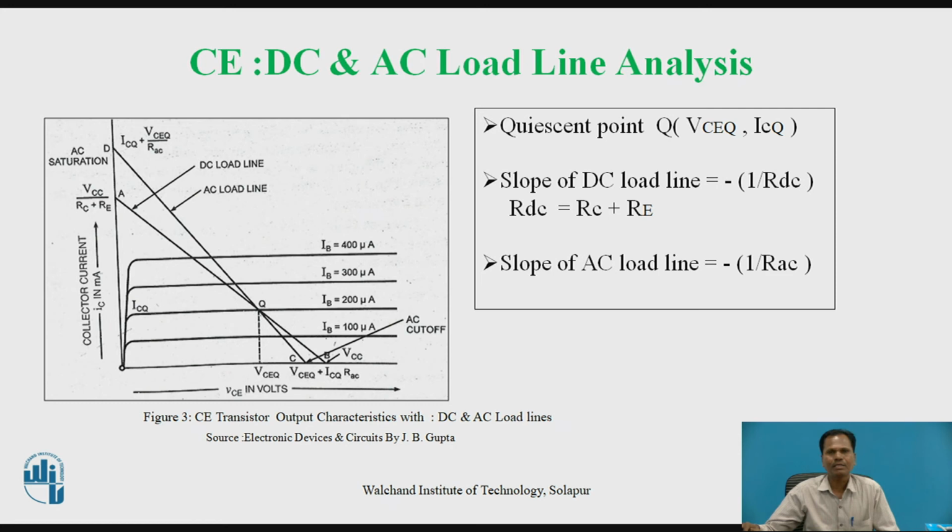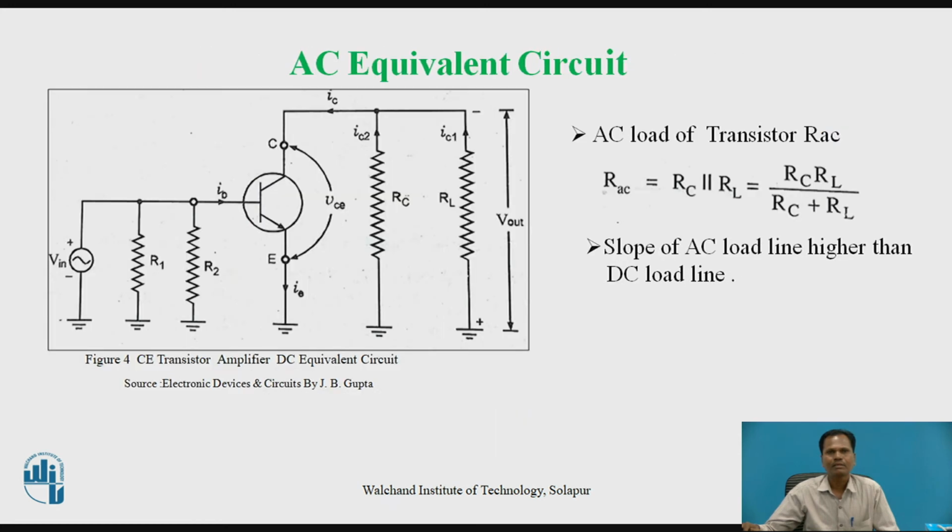Similarly, we can obtain the AC load line for the transistor. To obtain the AC load line, we have to use the AC equivalent circuit for the basic circuit of the common emitter transistor amplifier. To perform AC analysis, in which we are considering only AC voltage and AC current, there are two steps.